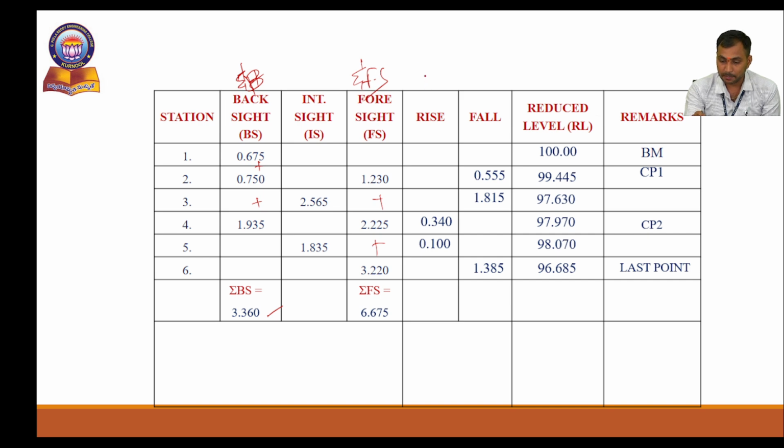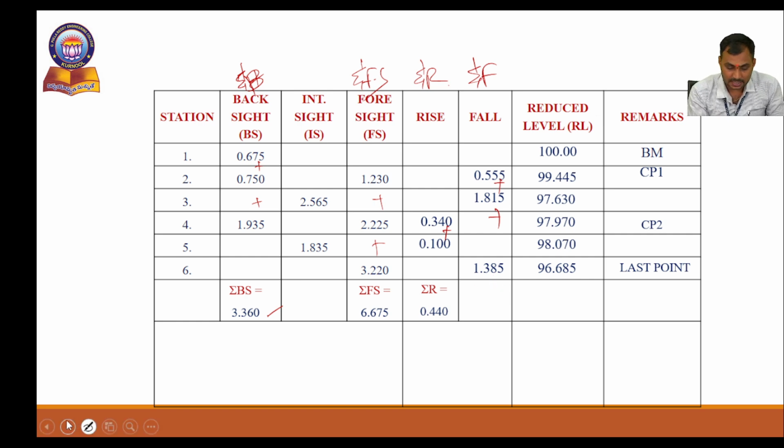Next, the summation of rise points: 0.340 plus 0.100, nothing but 0.440 we will get. And finally the summation of fall: 0.555 plus 0.815 plus 1.385.